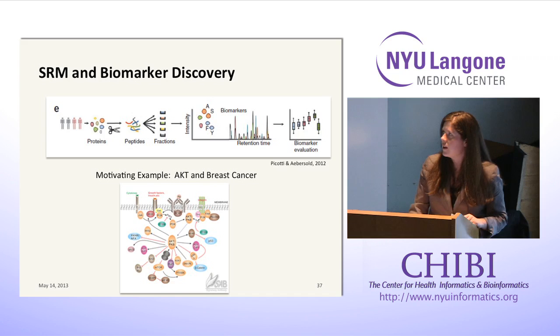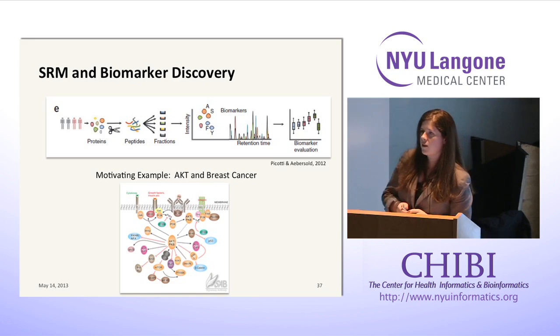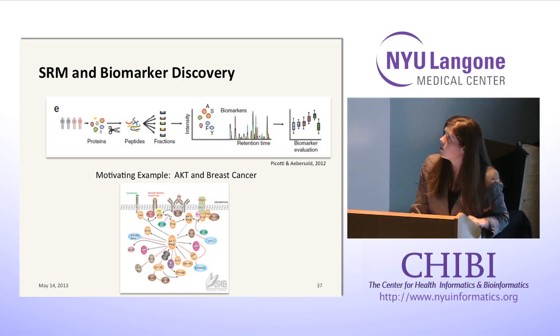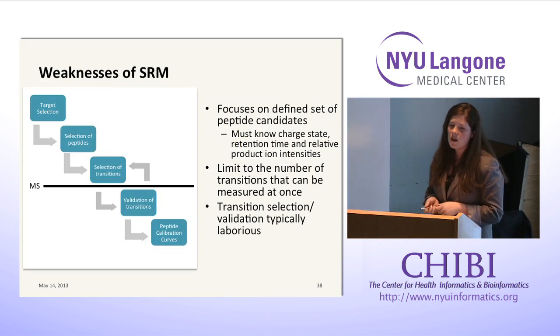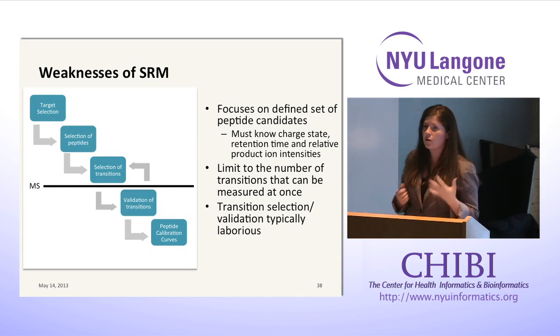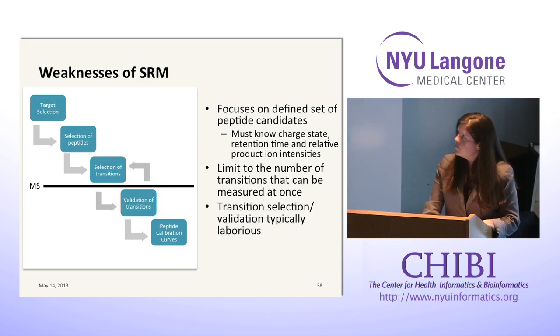And just as a motivating example, we're focusing on AKT1 and breast cancer, because our WashU group is really interested in the role of AKT1 in breast cancer and certain subtypes of breast cancer. So I'll refer to AKT1 a few times during the last part of this talk. Though selected reaction monitoring is a really wonderful targeted tool, there are some weaknesses.